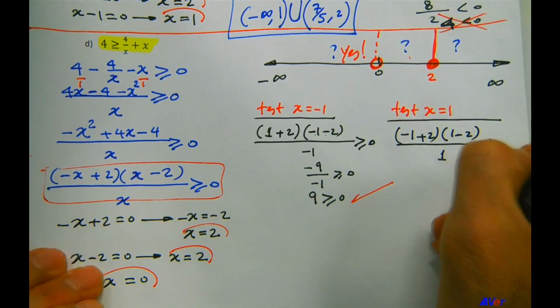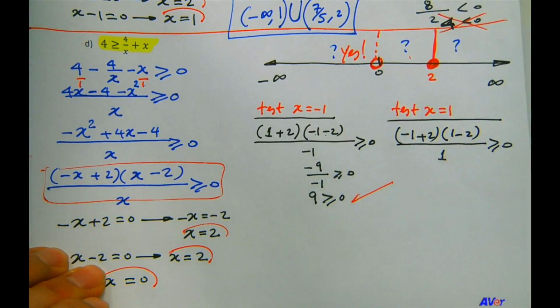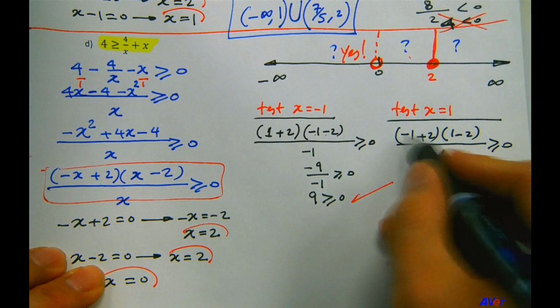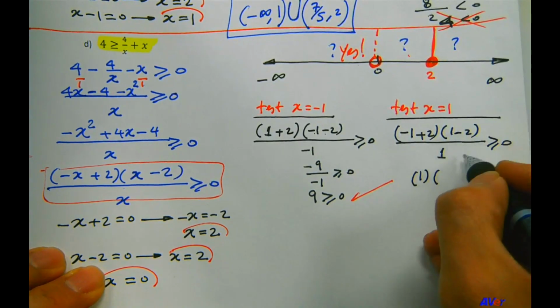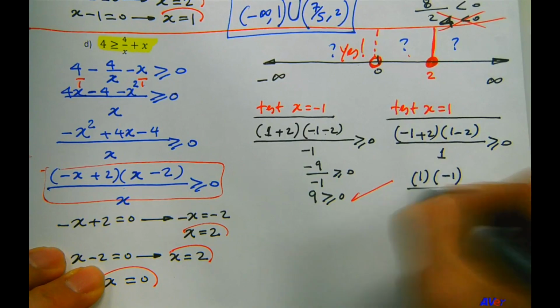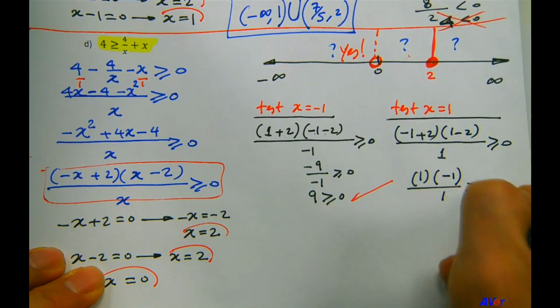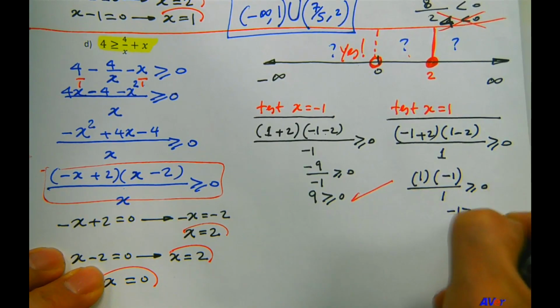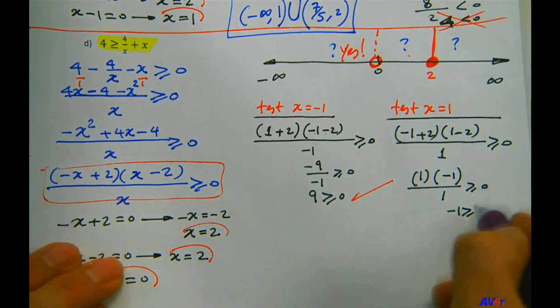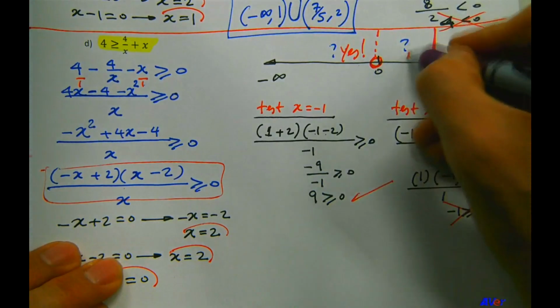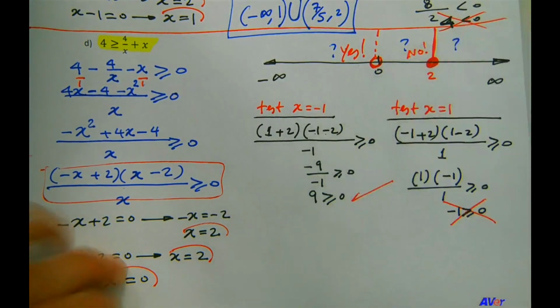We're asking if that side is greater than or equal to 0. So we have minus 1 plus 2 is positive 1 times 1 minus 2 is minus 1 divided by 1. And this is negative 1 greater than 0. Is that a valid result? No, right? So this region is not a solution region.